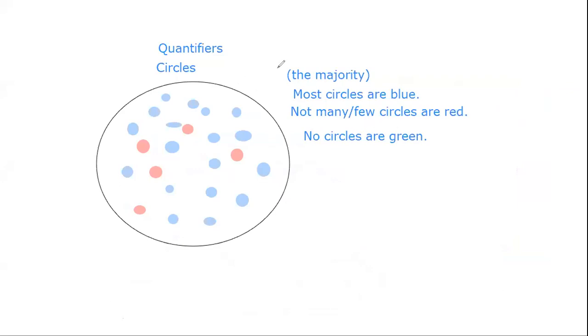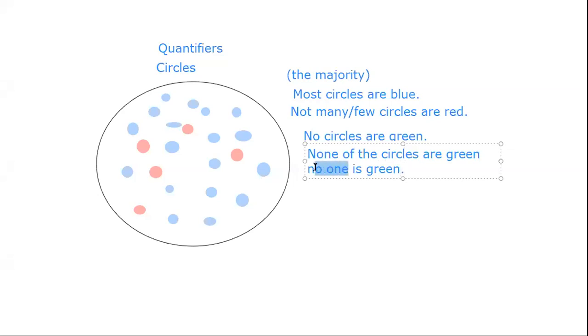Or another way to say that, but this is not like part of that, is none of the circles are green. Another one is no one is green.